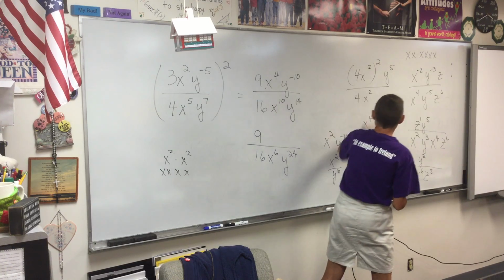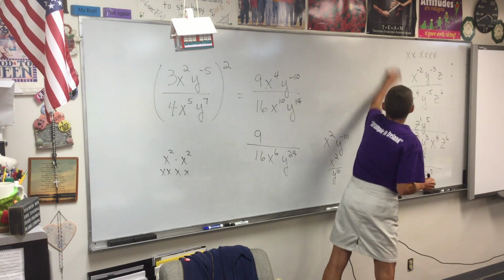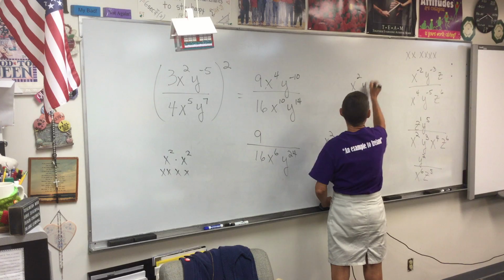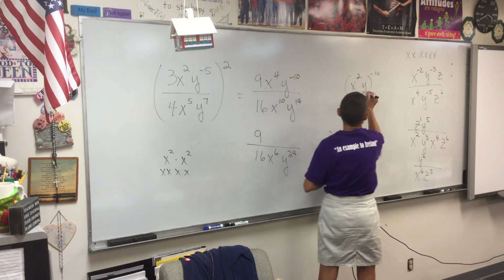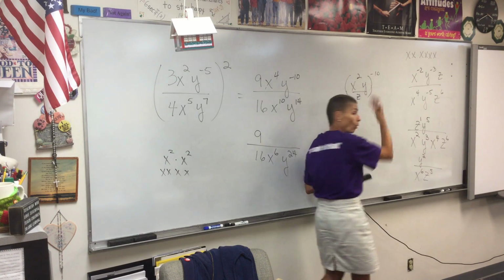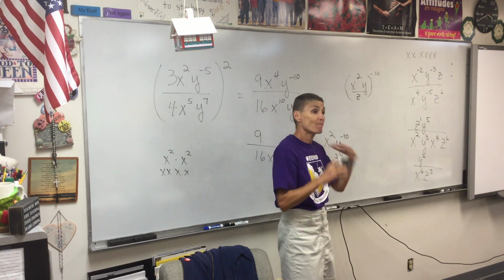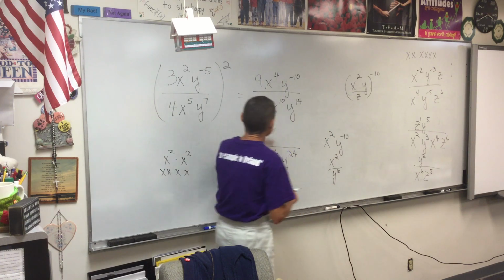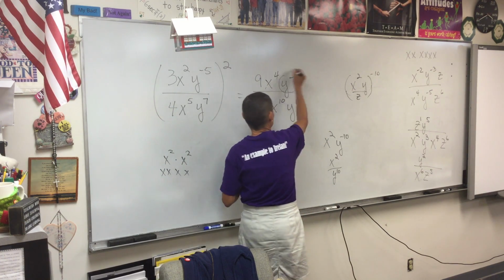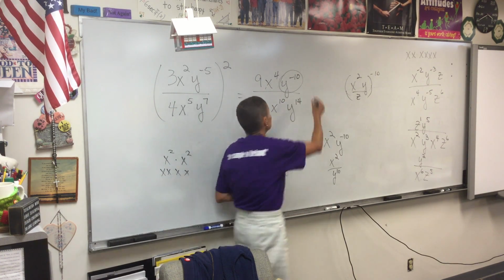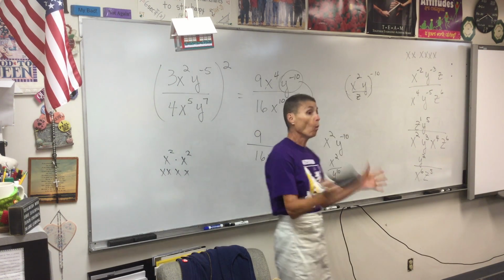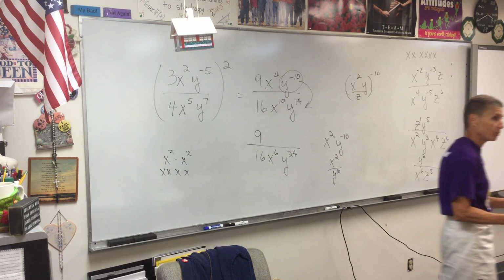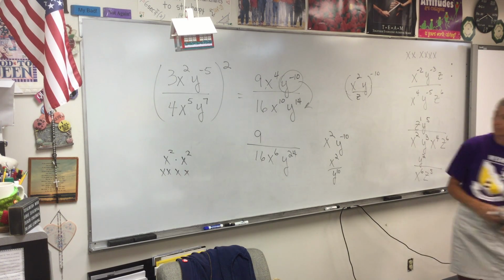If the whole thing has a negative power, then the whole thing flips. Here, it is only this little piece that has the negative, so he moves. Anything with a negative is going to move. If the whole thing has a negative, then the whole thing moves. Does that make sense? Yes.